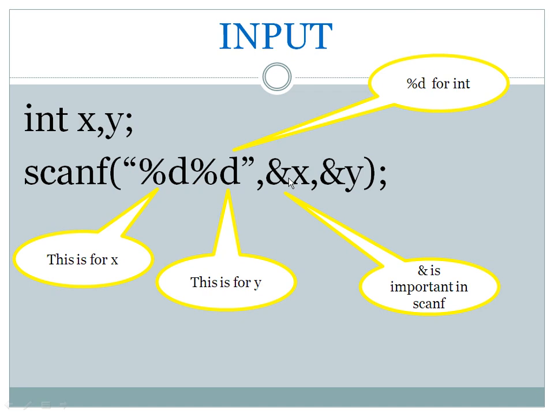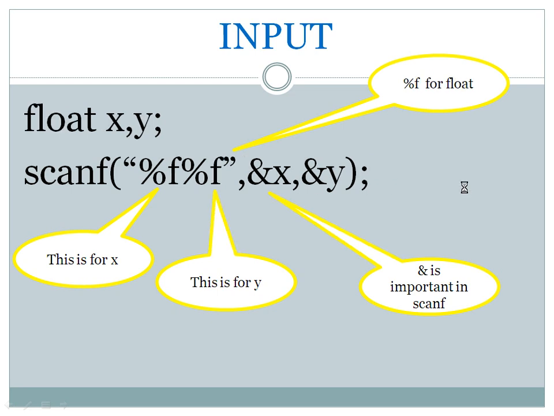The meaning of ampersand will be explained when we see the pointers chapter. You just have to use ampersand x to take the input value for x from the keyboard. If you want to take a value from the keyboard into y, you have to use ampersand y. So the first one is for x and the second one is for y. This way we can take input for integer values.